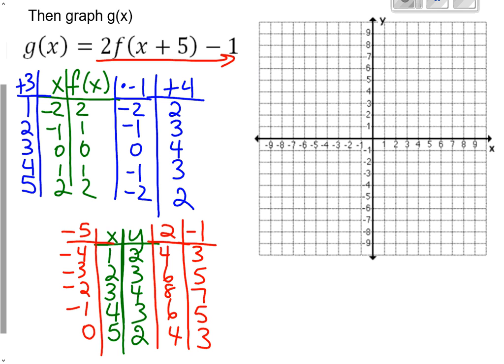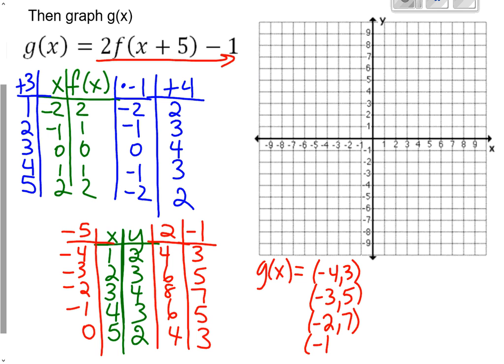And so the new points that I'm actually going to plot, g of x, is going to be equal to these coordinate points of -4 and 3, -3 and 5, -2 and 7, -1 and 5, and 0 and 3.